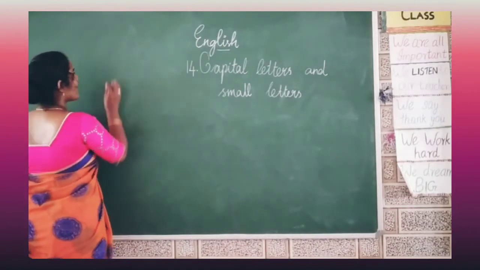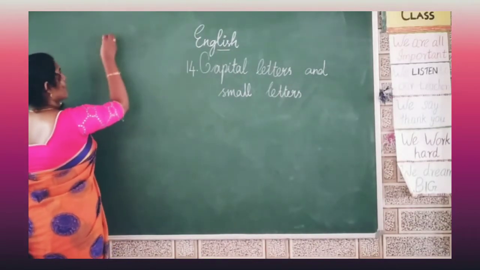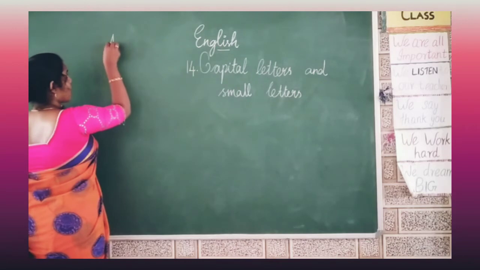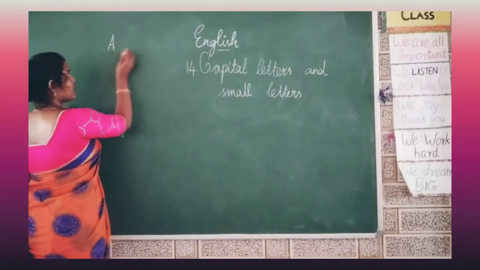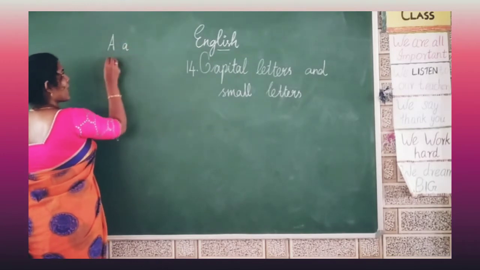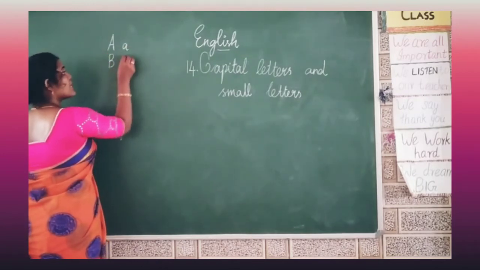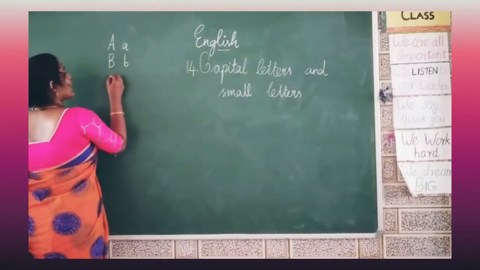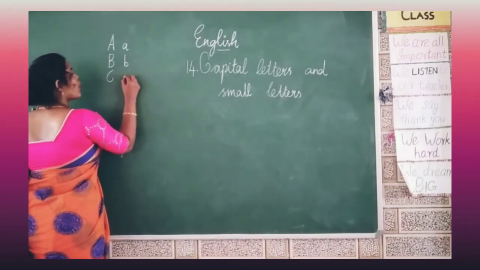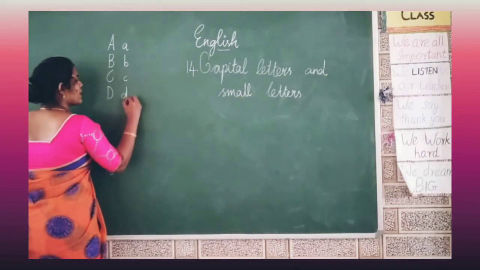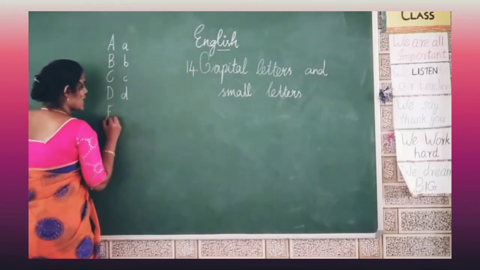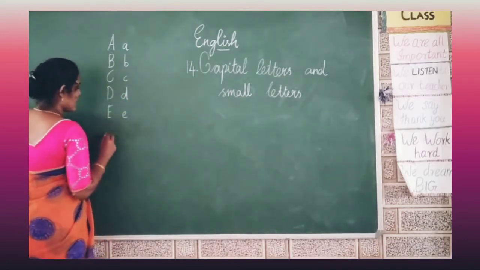So here, first, capital A. This is capital A. I'm not going to do cursive writing. Capital A, small a. Capital B, small b. Capital C, small c. Capital D, small d. Capital E, small e.